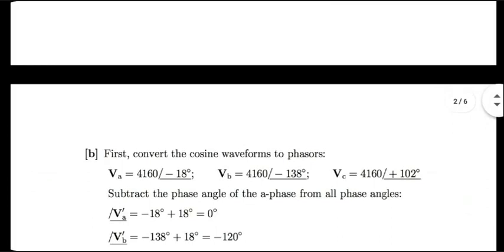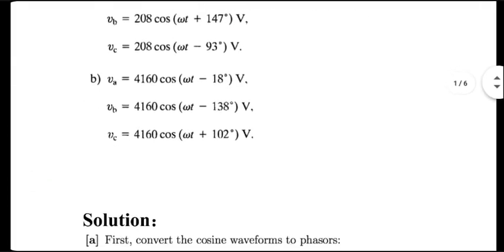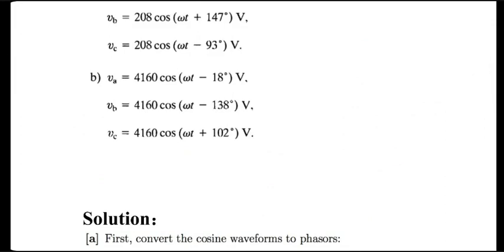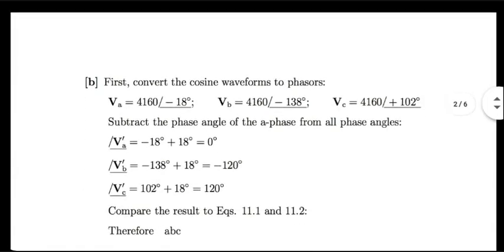Okay. Now similar analogy to second problem also. Here you have got minus 18 degree, minus 138 degree, and then plus 102. So from plus 102, if you subtract 360 degrees, let's see the solution.